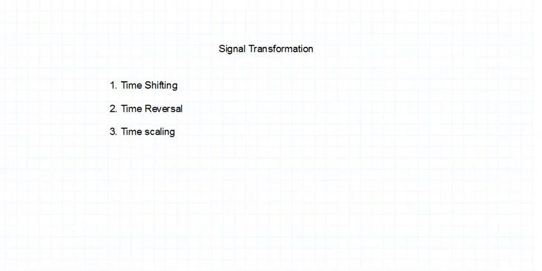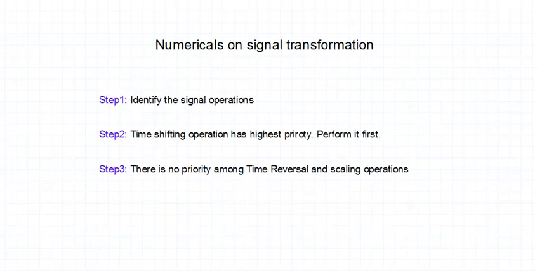So let us first of all quickly revise the rules that we have followed. Whenever we solve numericals on signal transformation, what is essential? In step number 1, it is essential to identify the different signal operations present in the given problem, whether there is time shifting, time reversal, time scaling. Once you identify the operations, then in step number 2, we give highest priority to time shifting operations.